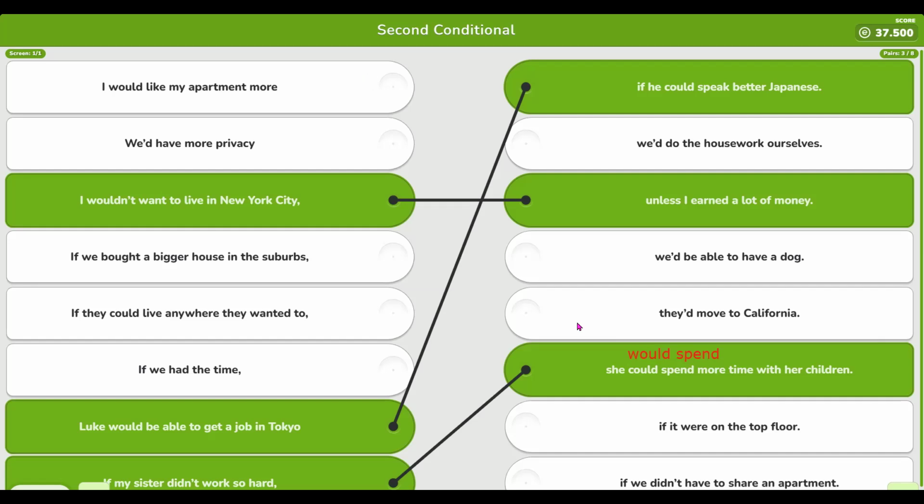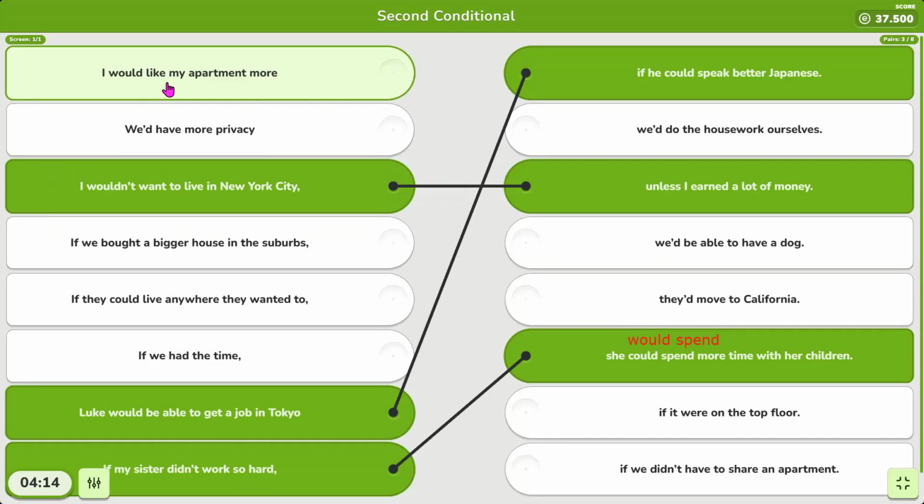Next participant, our friend Geraldine. Are you there? Yes, teacher. My dear Geraldine, the first one: I would like my apartment more if we didn't have to share an apartment.